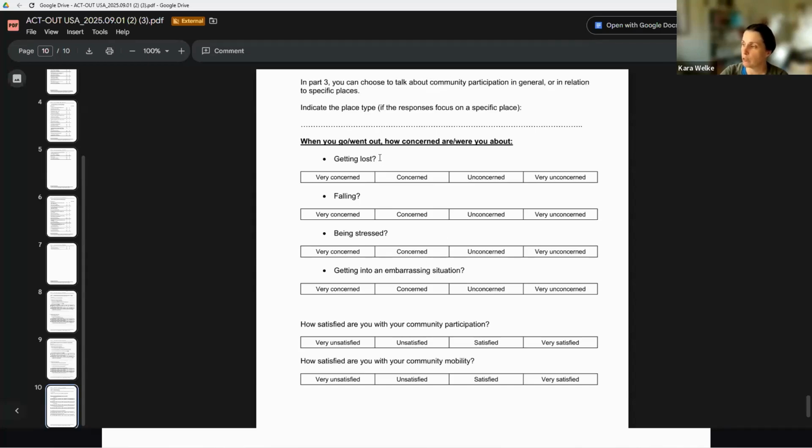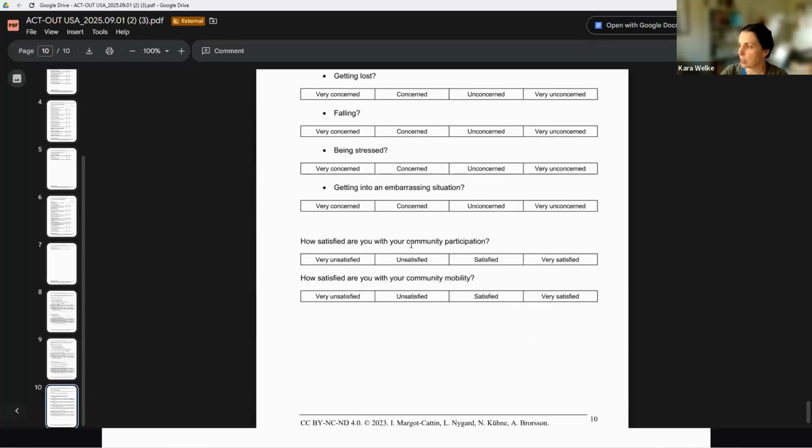But this is where you find out when you go or went out, how concerned are you or were you about getting lost or falling or being stressed or getting into an embarrassing situation? So again, when we ask them these questions, if they're very concerned about falling, wouldn't this be a good thing that we could address during therapy so they can get out of their home and go see their family or friends or whatever they want to do and get them to a point where they're unconcerned?